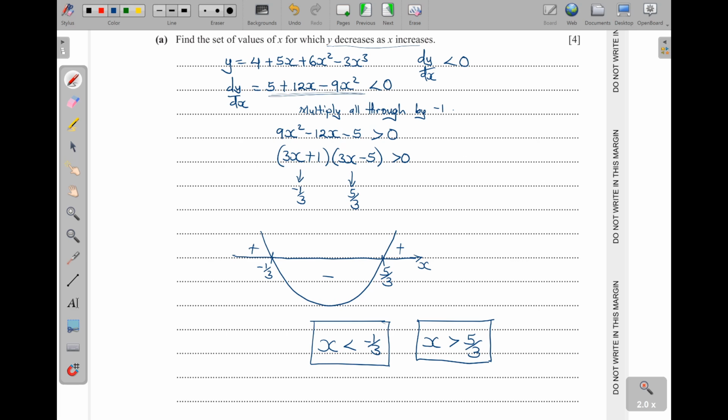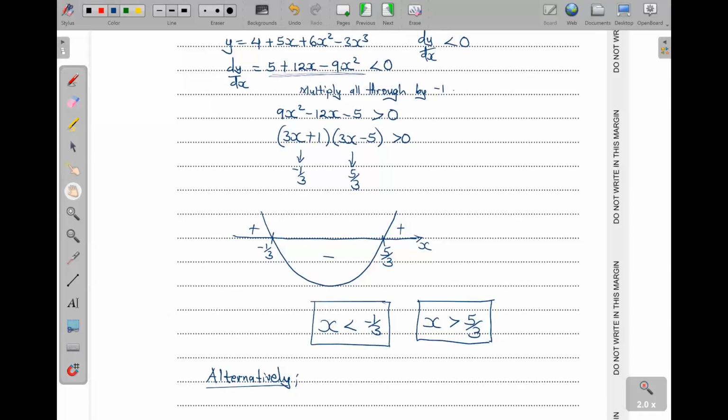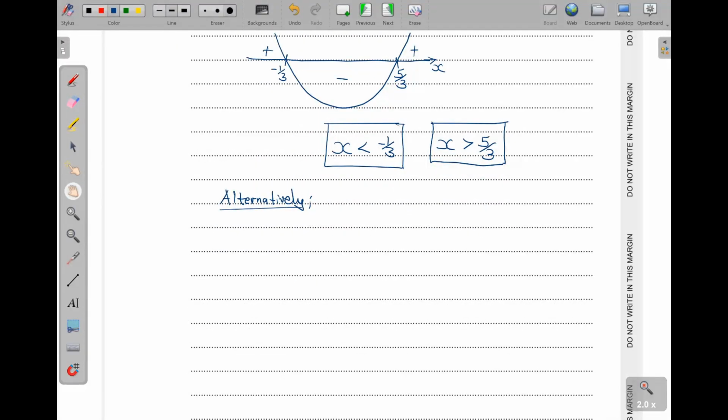Alternatively, suppose you used this one here, so let me also write it here. Alternatively, you can have your -9x squared plus 12x plus 5, and was less than 0. Since the coefficient of x squared is negative, that one is going to give us an N-shaped curve.